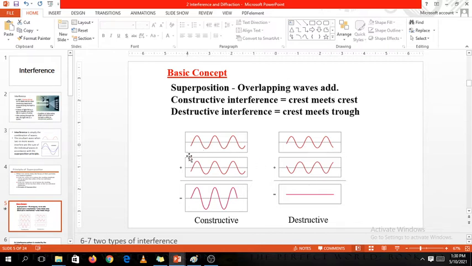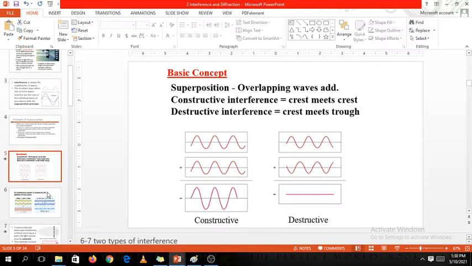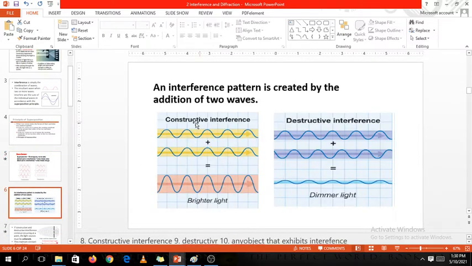If you have constructive interference, our wave is amplified. If destructive, when your crest, the highest point, meets a trough, the lowest point, they will create your destructive interference. So in light, constructive interference forms the bright fringe, then destructive interference forms the dark fringes. Right. So first the brighter light, then the dimmer light.